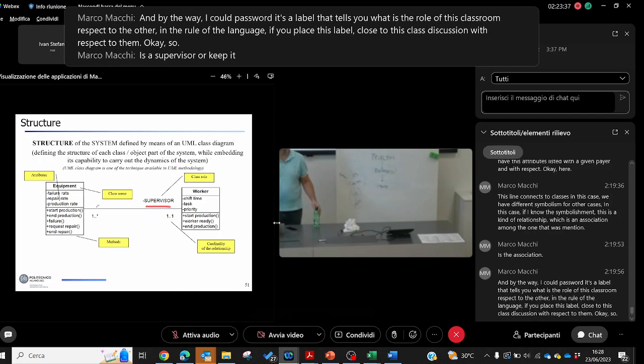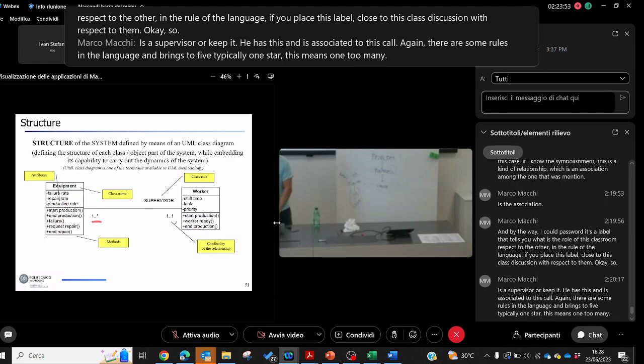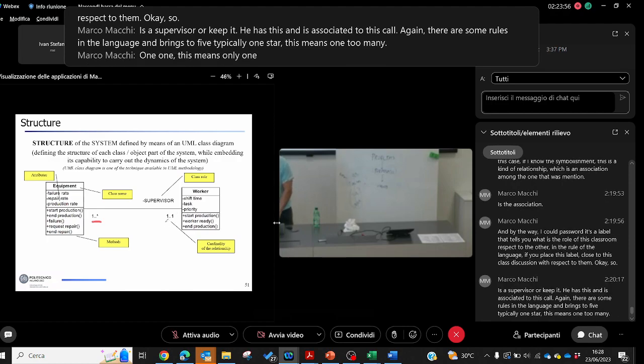He has this role. And associated to this is the so-called cardinality. Again, there are some rules in the language that lead you to write typically 1 star, which means one to many, or 1, which means only one. Depending on where they're placed, it's a detail.